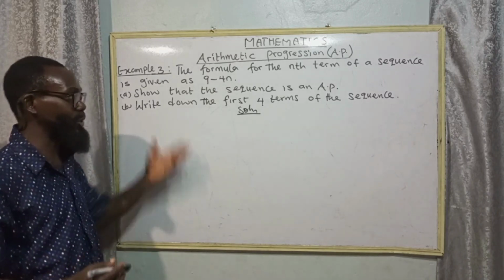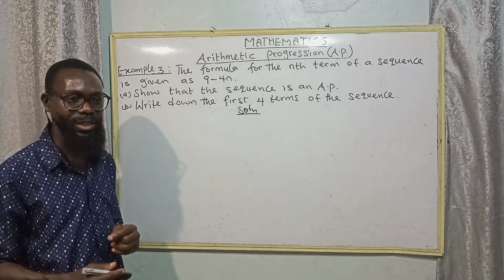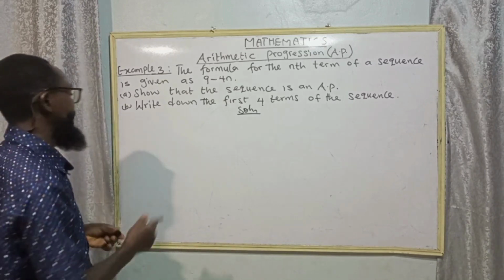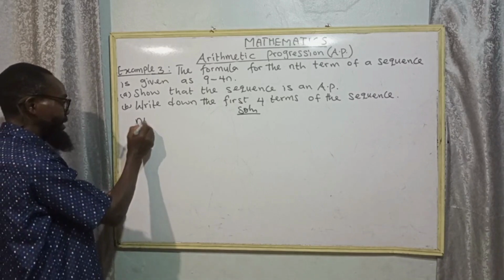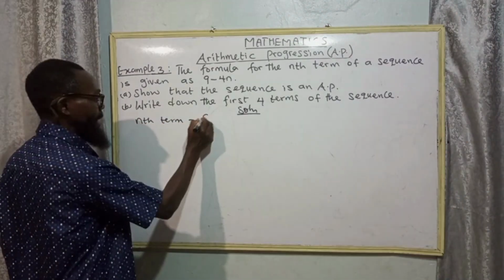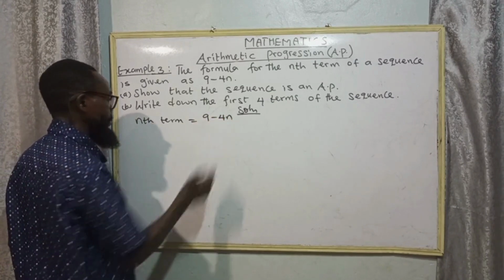For us to show that this sequence is an AP, definitely they must have the same common difference. Our nth term has been given to us as 9 minus 4n.